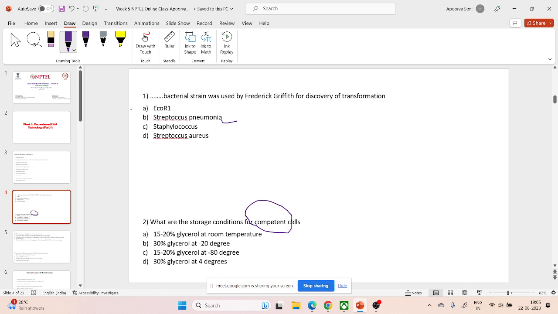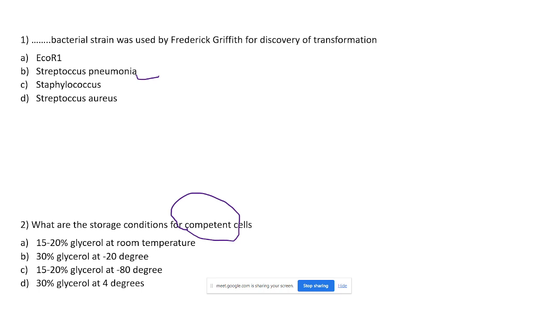Tell me. Option D, ma'am. 30% glycerol at 4 degrees Celsius. No, it's not the right answer.